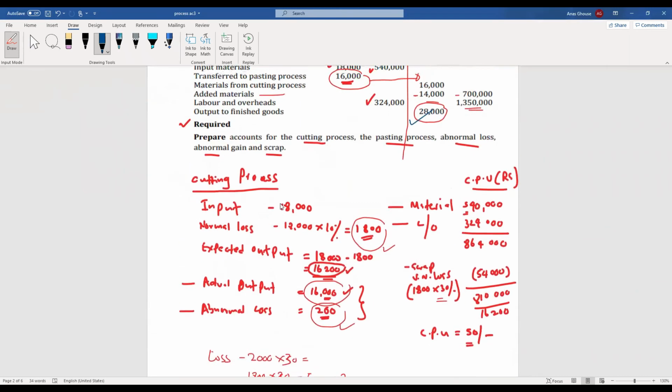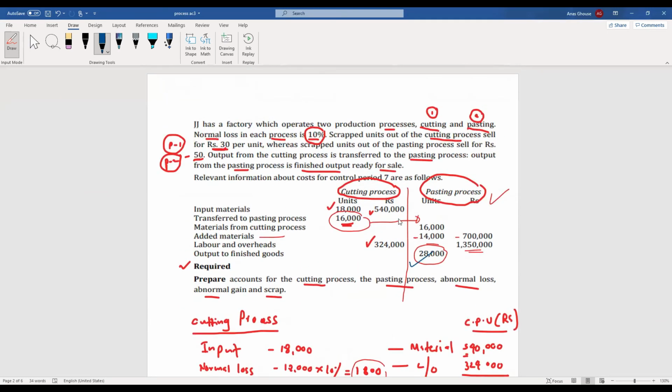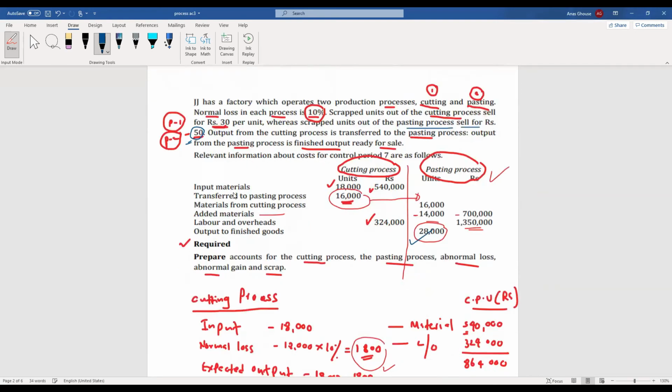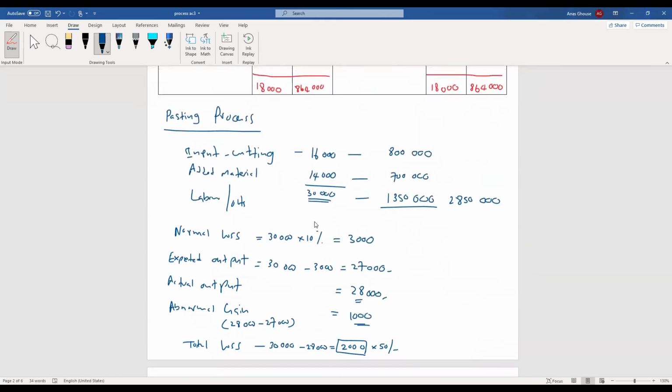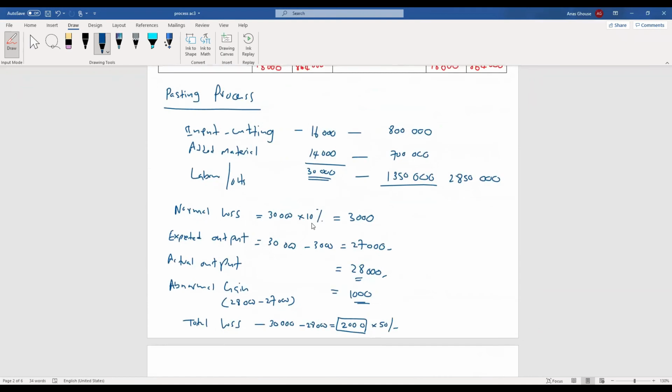This is the second process, which is the pasting process. The scrap value of the losses can be sold for 50. So the total cash that could be expected from the pasting process will be 2,000 times 50, which will be 100,000. Please remember this. Shortly I will explain how this can be accounted for.